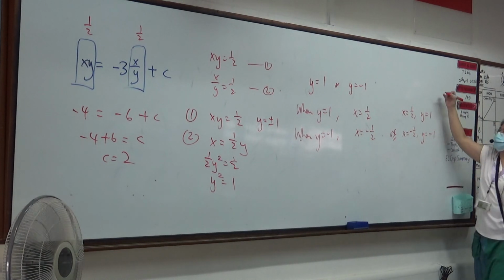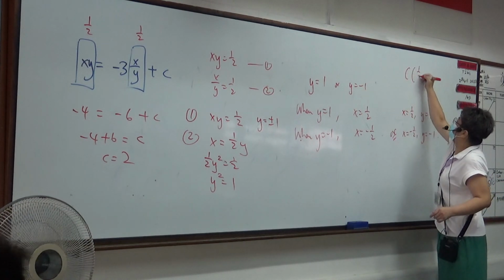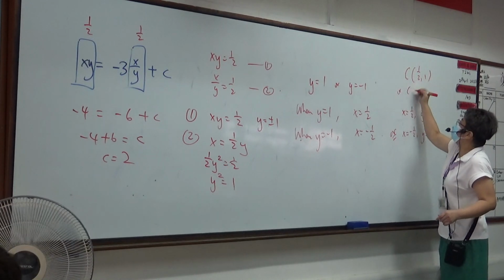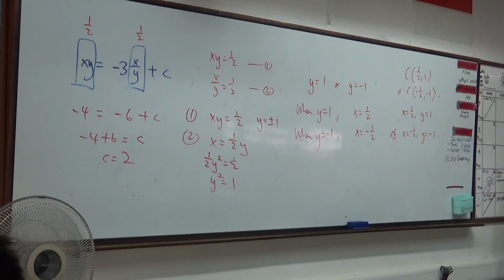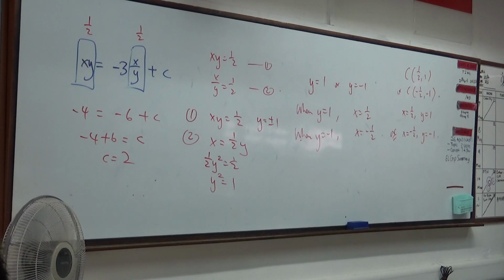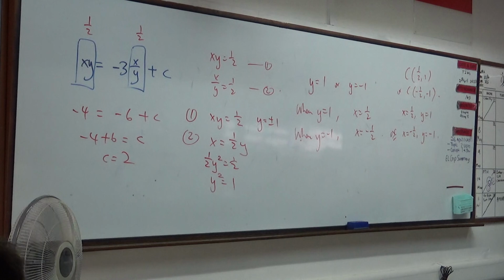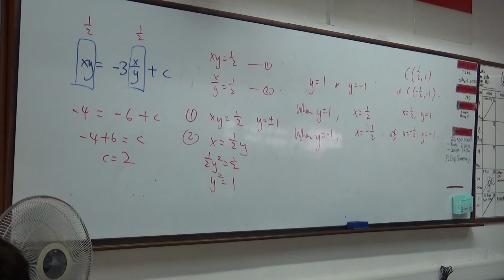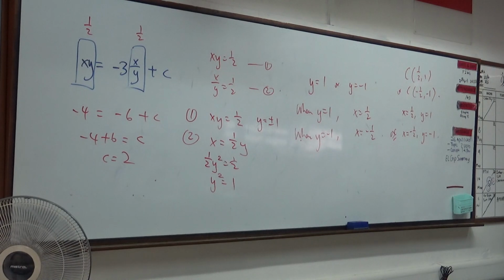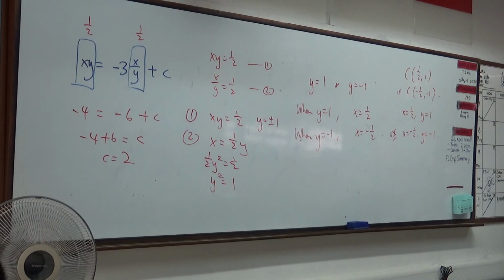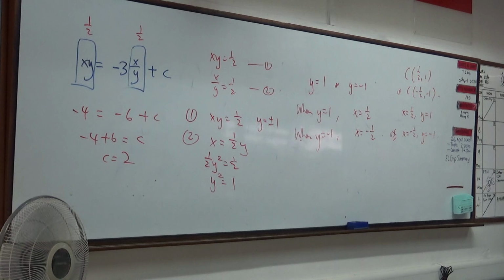So C is either half, 1 or C is negative half, negative 1. Are we clear here? Okay, look at the next page, page 218. They say hence X is half, Y is 1, or X is negative half, Y is negative 1, correspond to the point C.